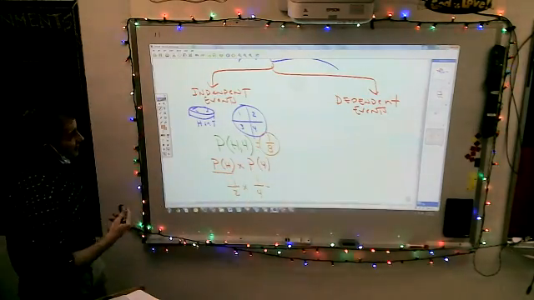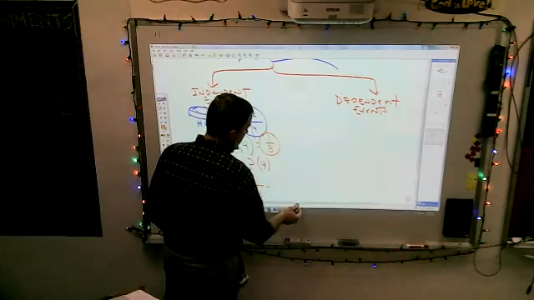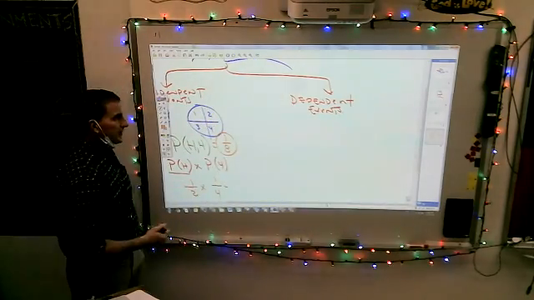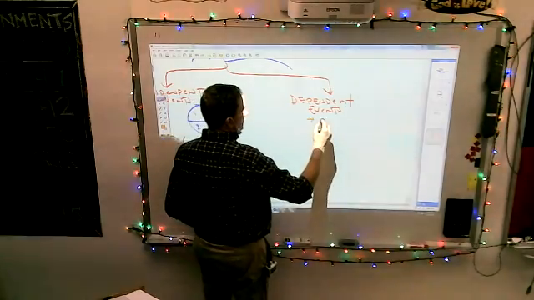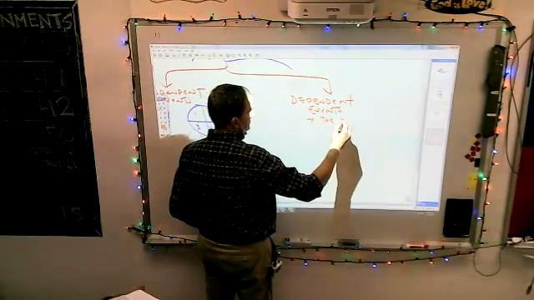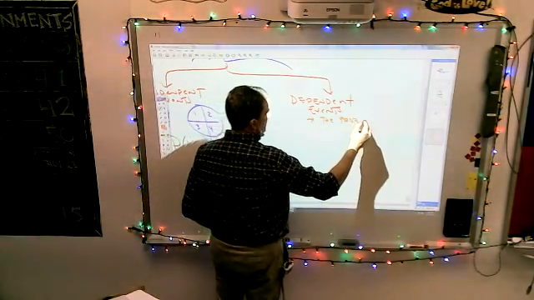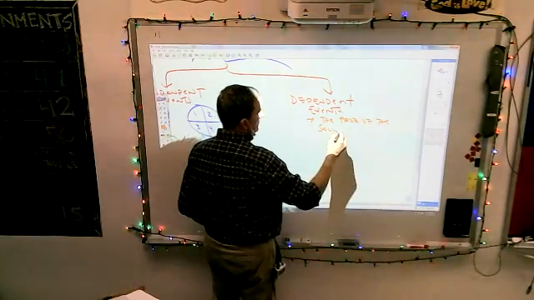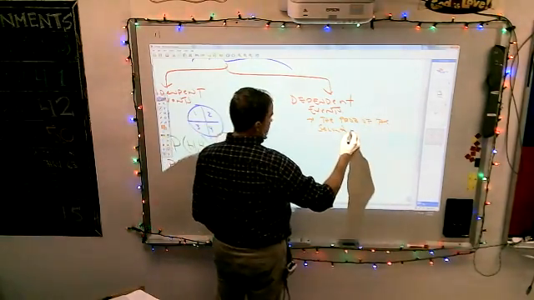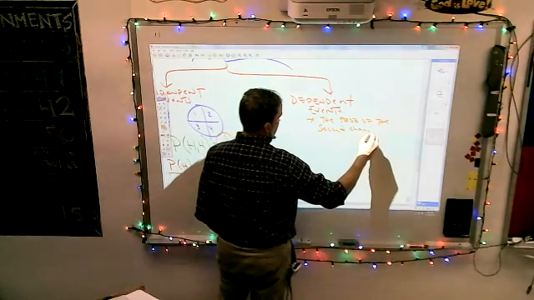Now, somebody says, so how is that different than dependent events? Well, as you can probably figure out, the probability of the second event is somehow changed by the first event.